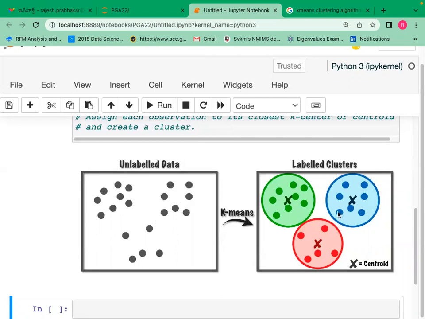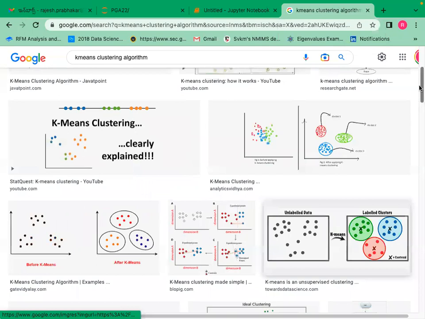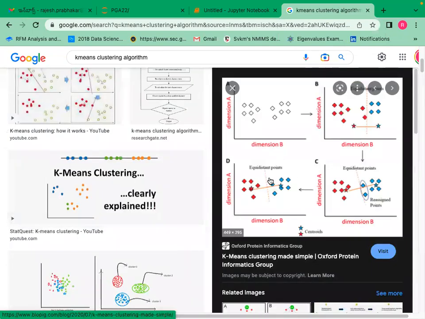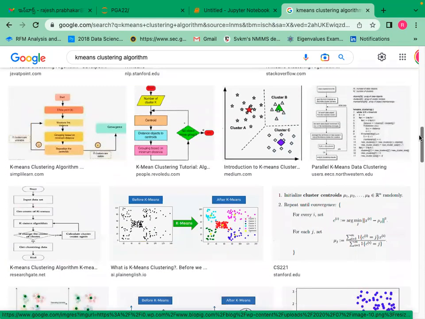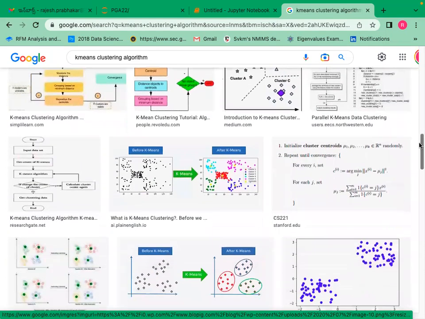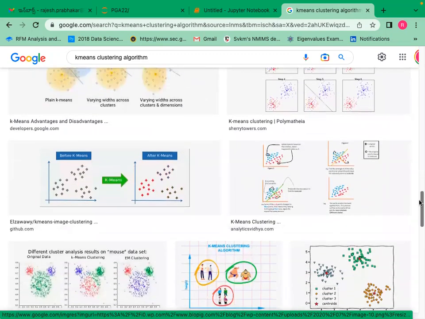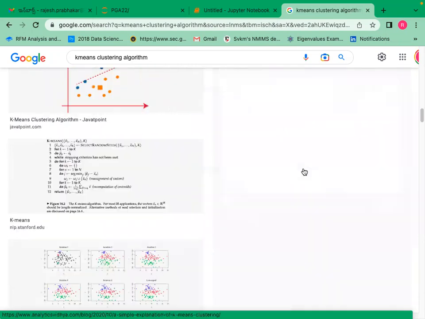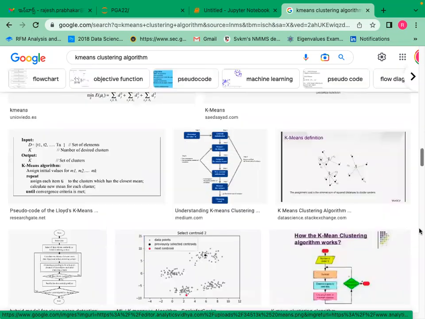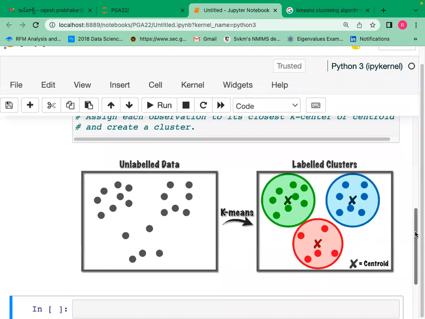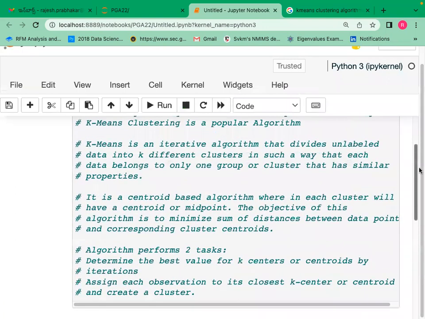That this becomes labeled clusters. Okay, so this is the process of what k-means clustering will do.